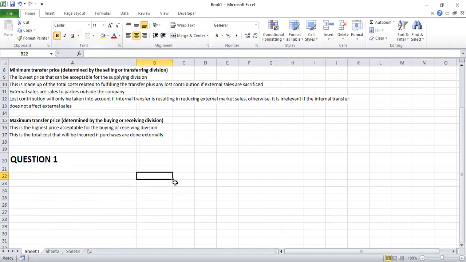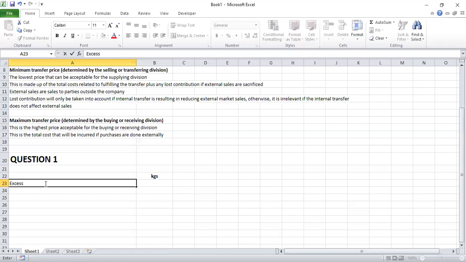Please make sure that you ask if you are left over. The excess capacity is 5%. Remember that they are currently producing at 95%.